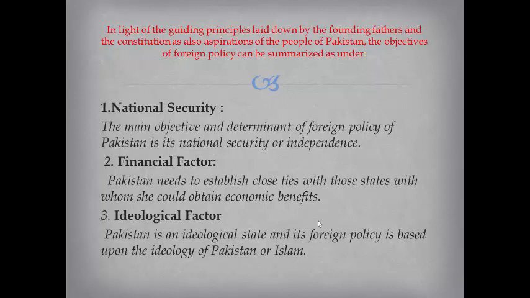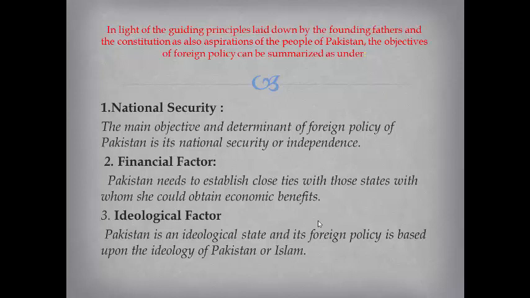It gave due importance to national security, establishing external relationships with other countries. For its security, Pakistan respects the national integrity and the political independence of other countries, and expects the same from others. The main preoccupation of Pakistan from the very beginning has been to ensure its security from India.